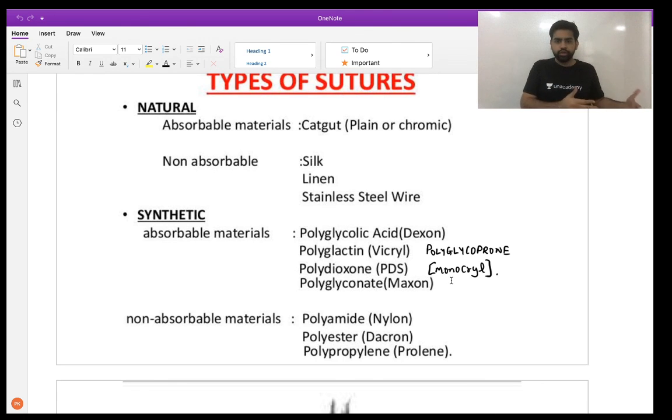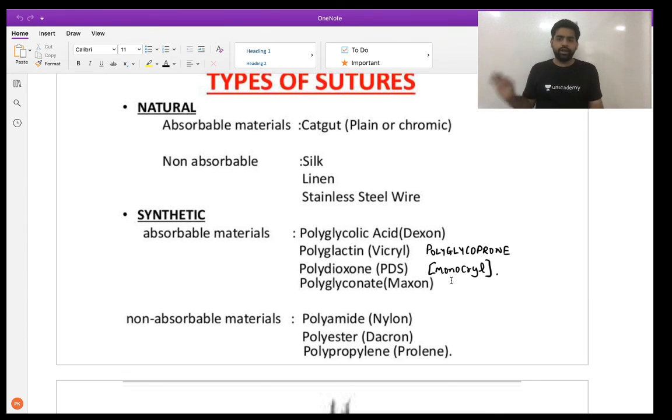What is the purpose of the suture? Its purpose is to put the tissues together. But a point will come when the strength of the suture will reduce, and even though it is physically present, it will not be able to approximate the edges of the wound. This is what is called tensile strength. And absorption time is the time after which the suture completely disappears from the body.